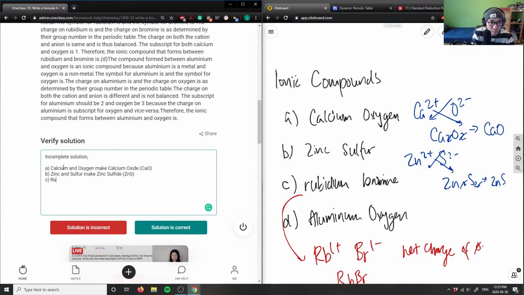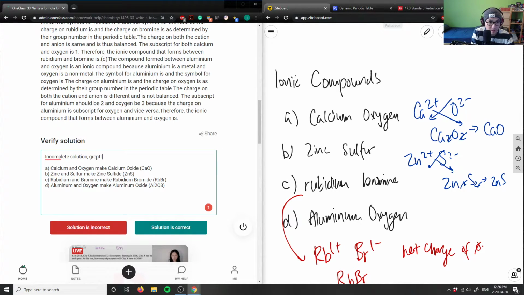C here is rubidium and bromine, which make rubidium bromide, which is RbBr. And finally, D here is aluminum and oxygen, which make aluminum oxide, which is Al2O3. So this here is my incomplete solution.